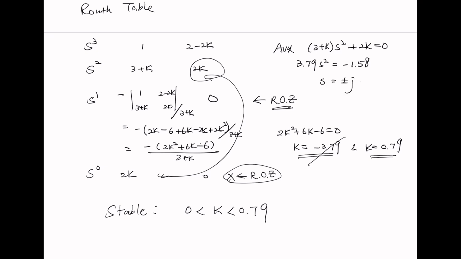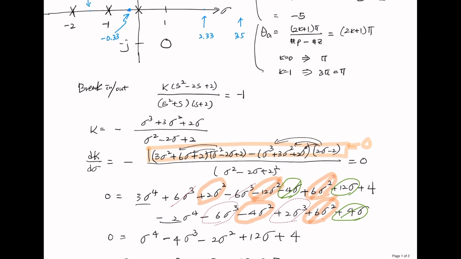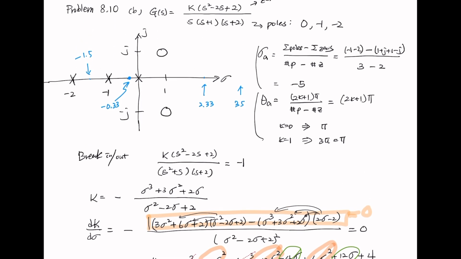From here, s equals plus or minus j 0.65. Going back here, it is plus or minus 0.65, so j 0.65 and negative j 0.65 are somewhere here. For the break-in, break-out points that we calculated, these cannot be used.